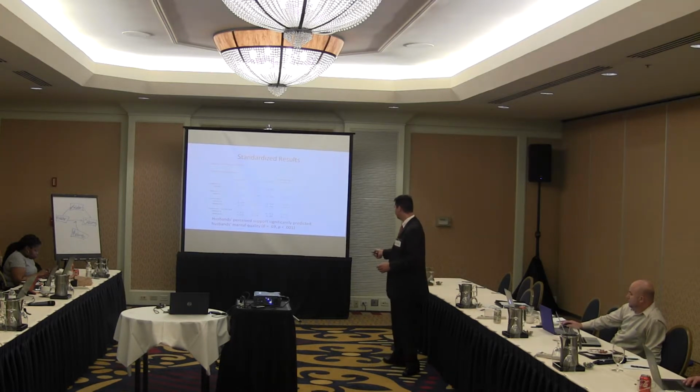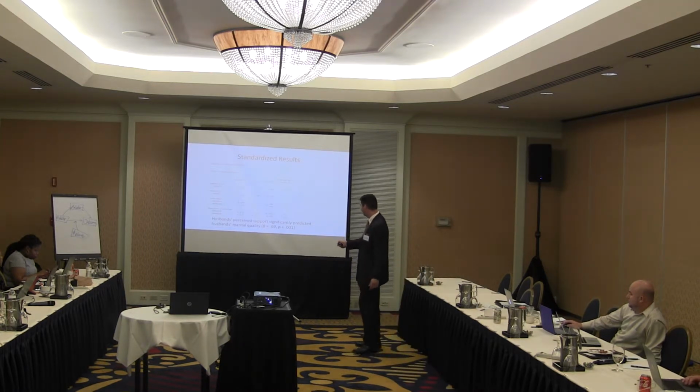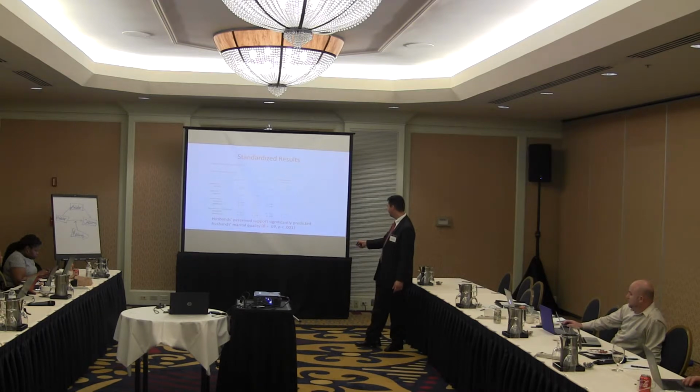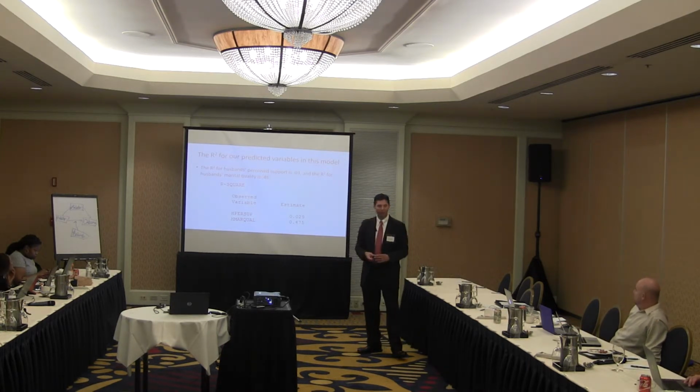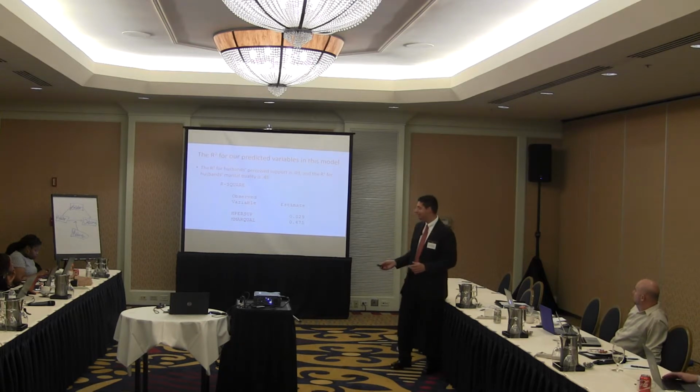But here's our standardized betas, the capital B that looks silly in this font, but normally there's a little hat there. Our R squared, 3% variance explained for husband perceived support, and about 48% of our variance explained for husband's marital quality.